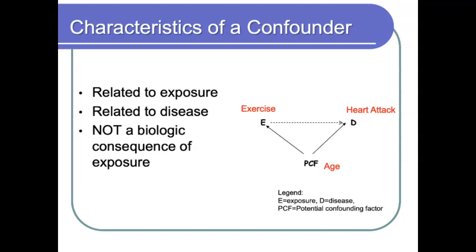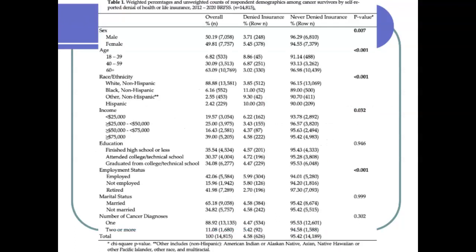So we see a lot of these different examples in the data, and their presence is often an explanation for some of the associations that we do observe. So a potential confounder has to be related to our exposure, it has to be related to our outcome variable, and it can't be on that causal pathway as a biological consequence of the exposure variable.